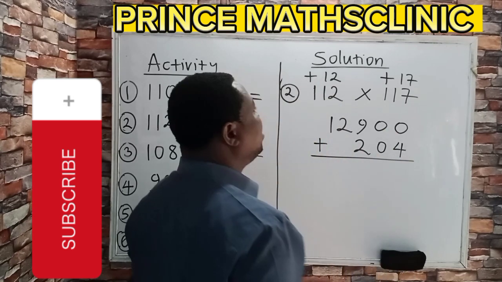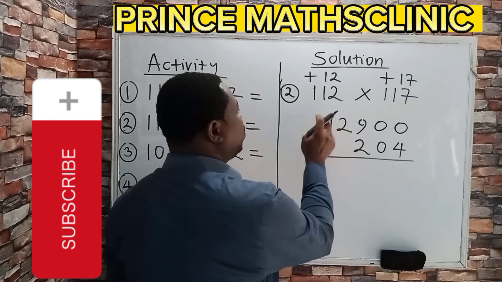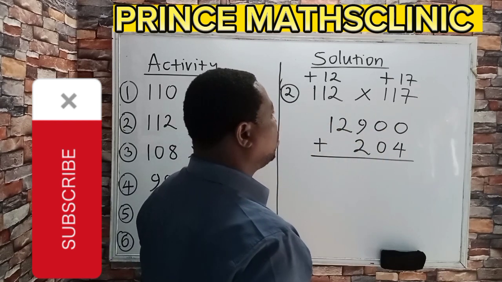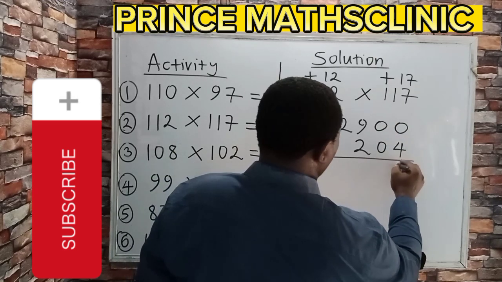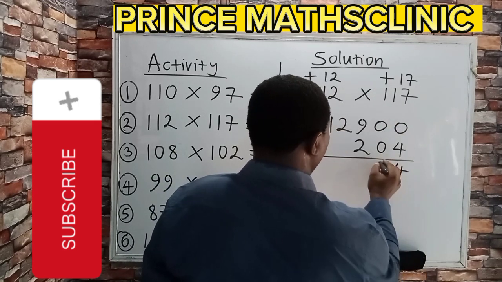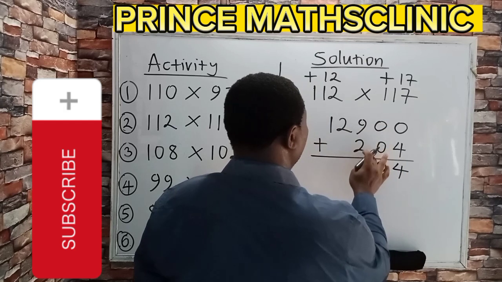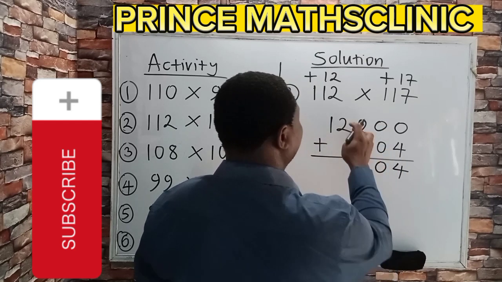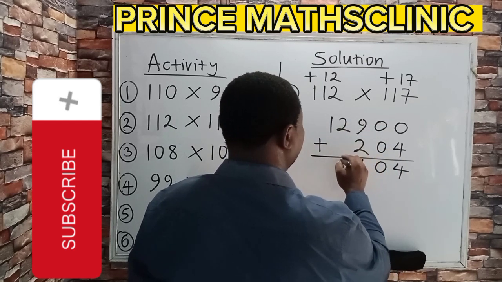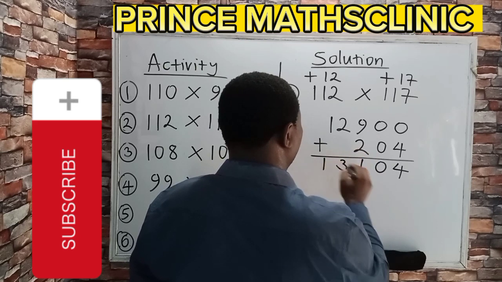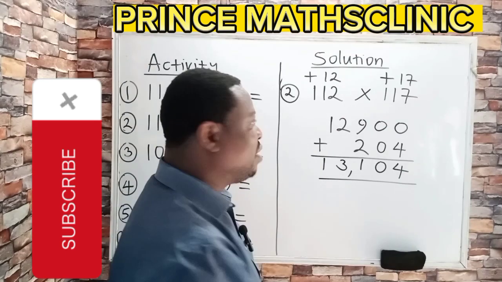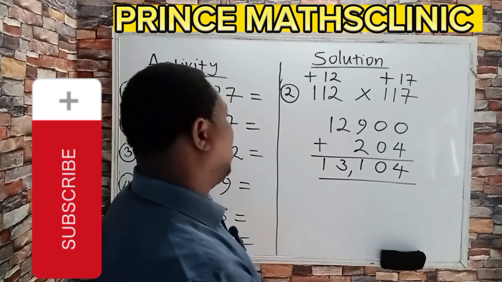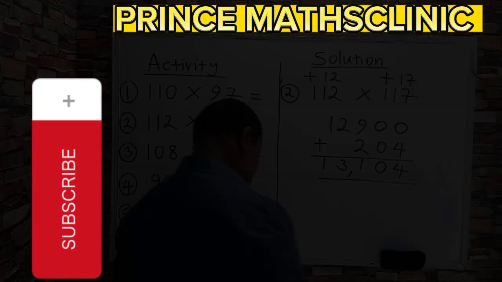So let us add 204 to 12,900. So adding this number now, 0 plus 4 is 4, 0 plus 0 is 0, 9 plus 2 is 11, carry 1. So 2 plus 1 is 3, then you have 1. So the number is 13,104.